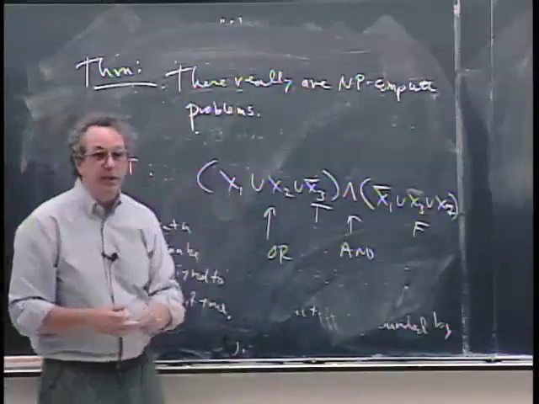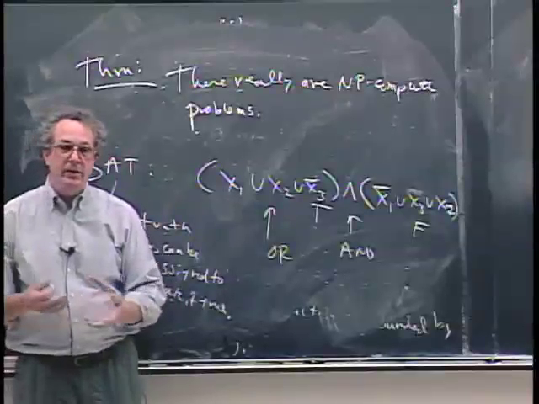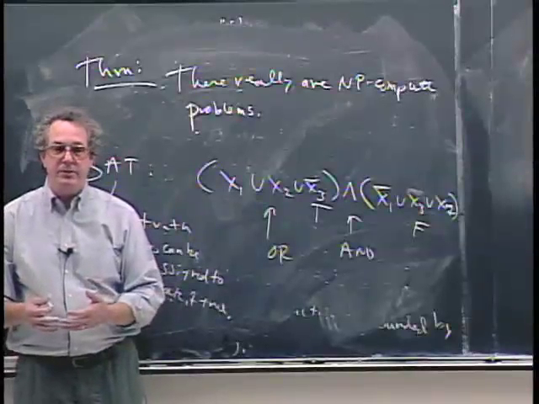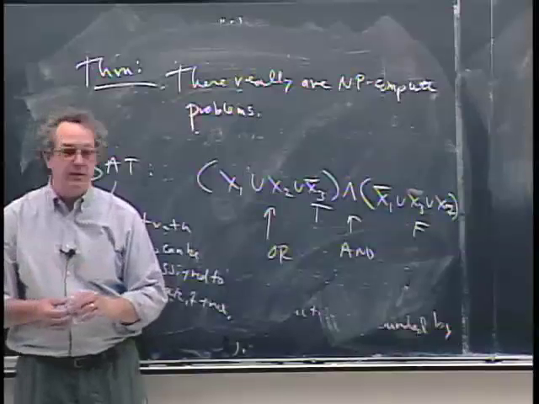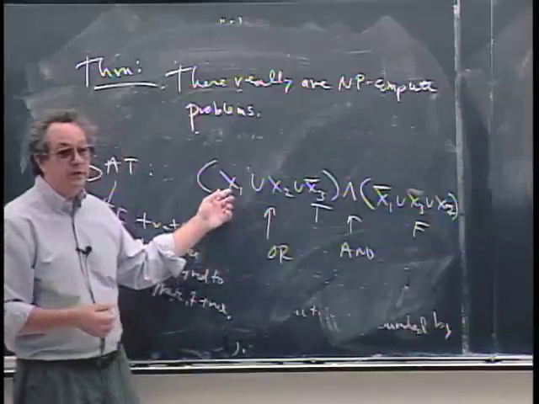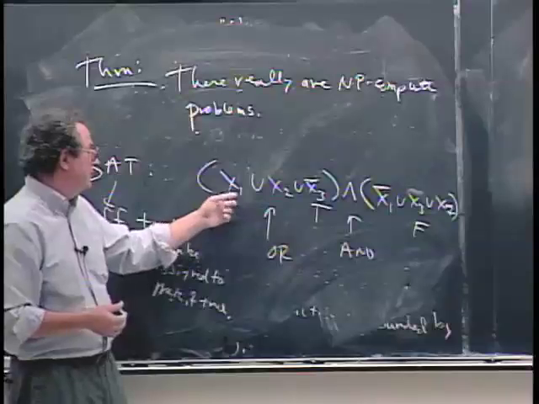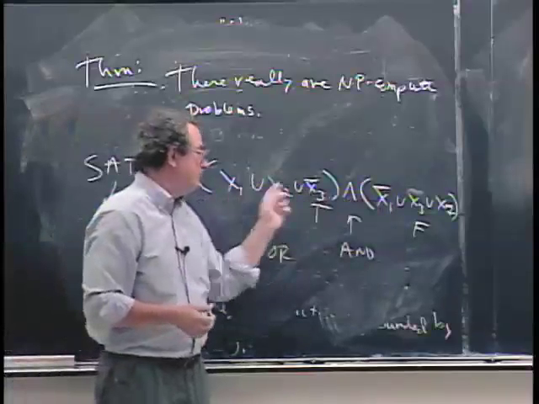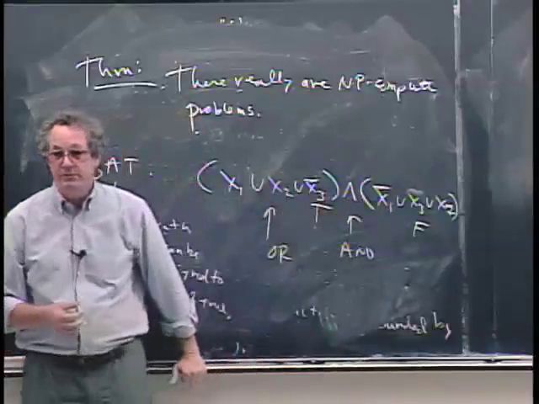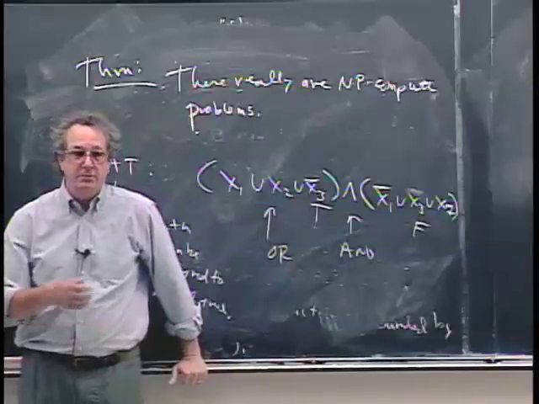Is SAT in P? Well, the only kind of algorithms that you'd likely think of are brute force enumeration of all the possible true and false settings for the variables, and that's not polynomial time.